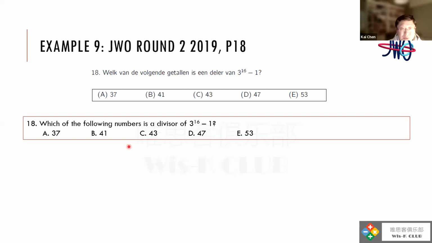Of course, it's not so practical if you just calculate what exact number it is, because we have to multiply 16 times and minus 1, and then you have to verify by dividing each option into this result. So it's not practical, especially during the competitions.